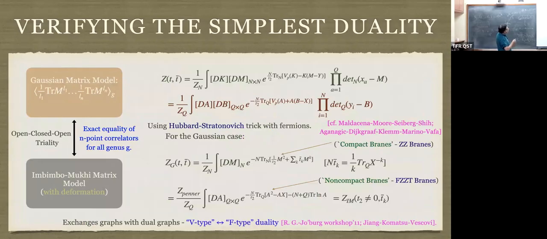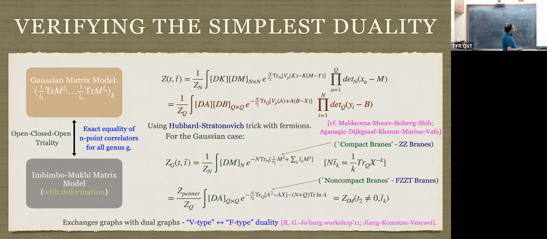I think this was very crucial for us to realize why this Gaussian matrix model has a non-intuitive matrix duality, so that's why I thought I would show it. And there are features which have some physical interest, to do with something I didn't talk about till now: open, closed, open triality. So I'll mention that if I have 10, 15 minutes.